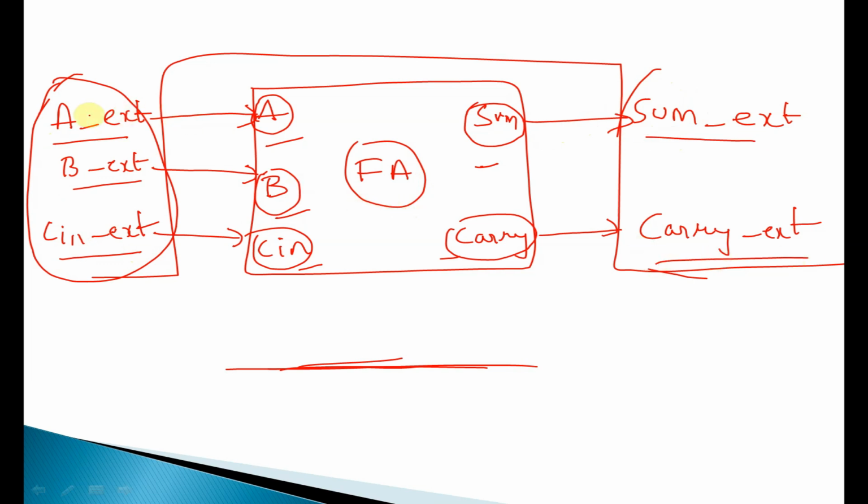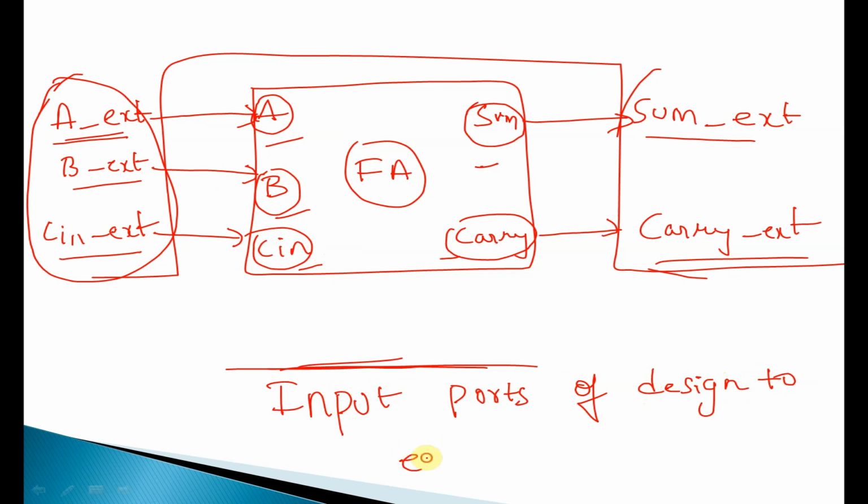Now let's see how to connect this A_external to my port A and B_external to my port B and C_external to my C. So how to connect the input ports of the design to the external environment of the design? That is, I want to connect my input port A to the external environment A_external, and B to my B_external and C to my C_external.